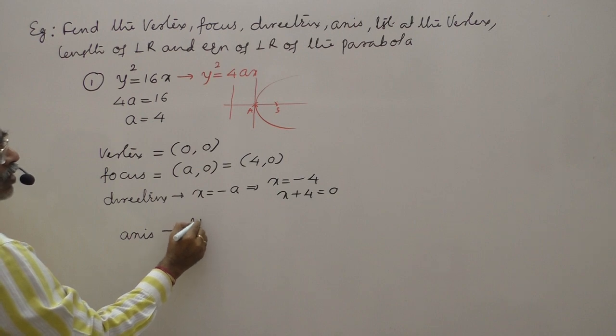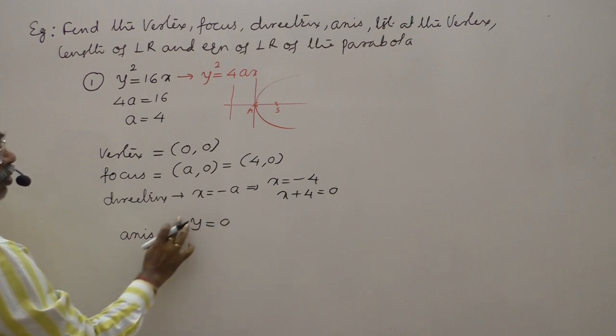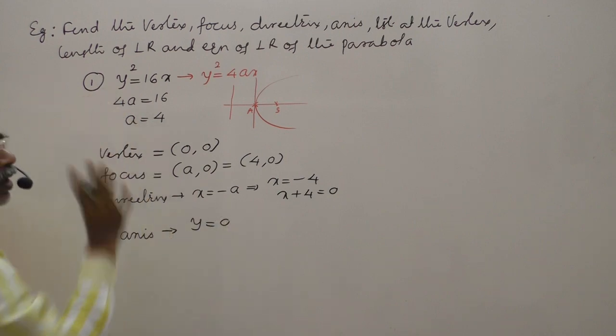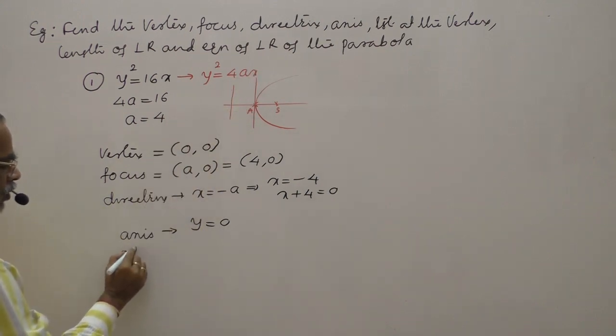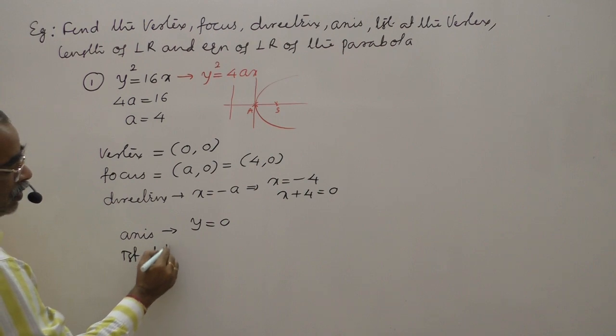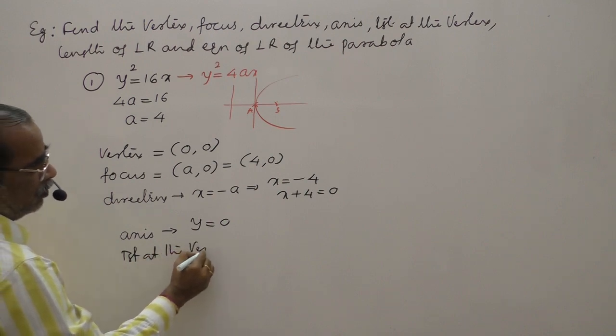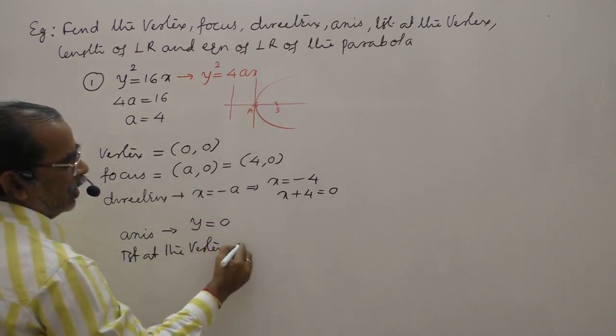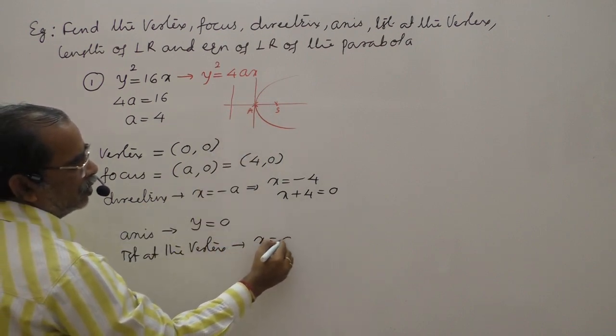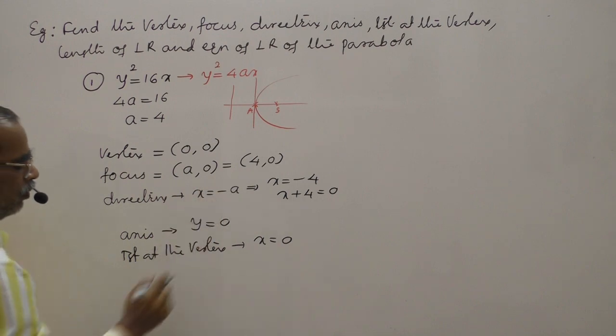X-axis. X-axis means y equal to 0. So here also same, y equal to 0. Next, the tangent at the vertex. What is the tangent at the vertex? Y-axis. Y-axis means x equal to 0. Here for this also same.